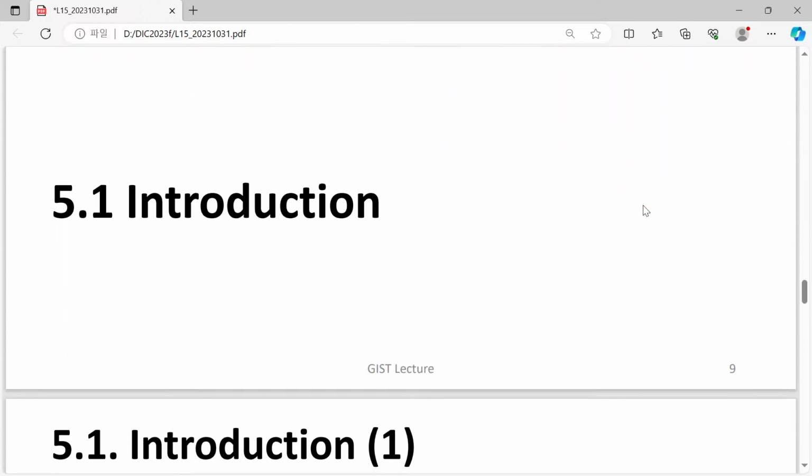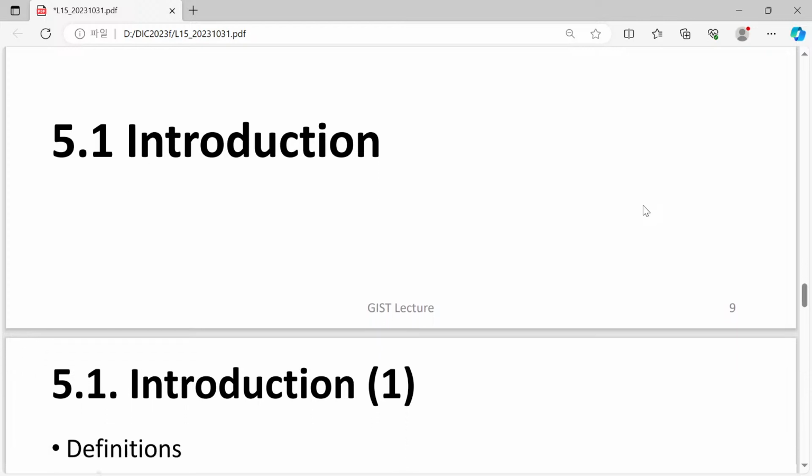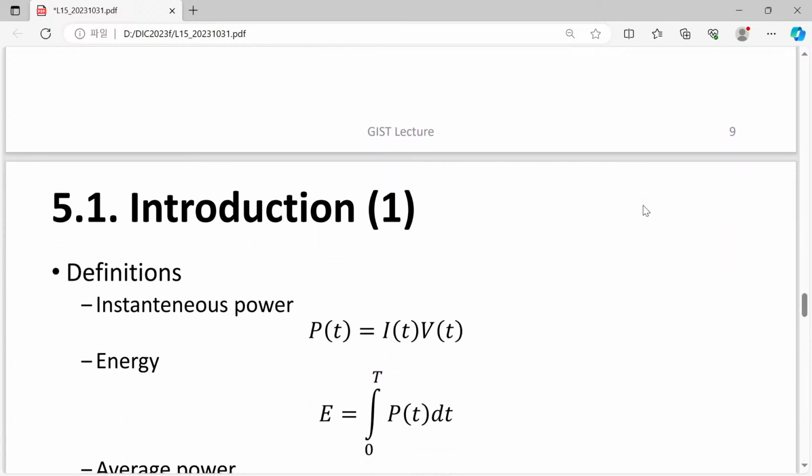let's go to our main discussion about power. In order to have some time slot for reviewing your answer sheet, I will make a relatively short discussion on our power. This is just the introductory one. Now we are talking about the definition of our terminology.